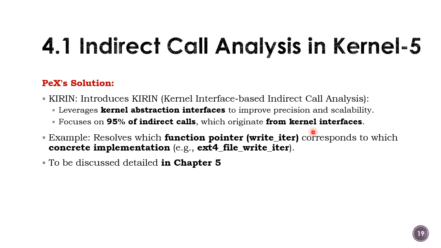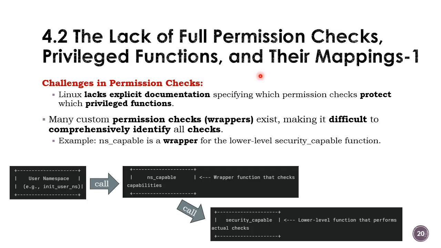With this mapping, the problem can be resolved. How this mechanism resolves the problem will be discussed in more detail in chapter 5. So we finished introducing the first issue, 4.1 indirect code analysis, that the tool proposed by this paper, PACS, will face.